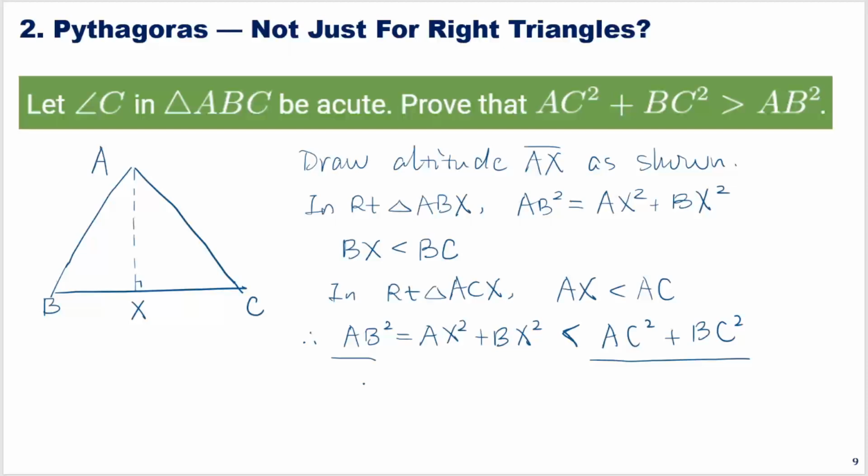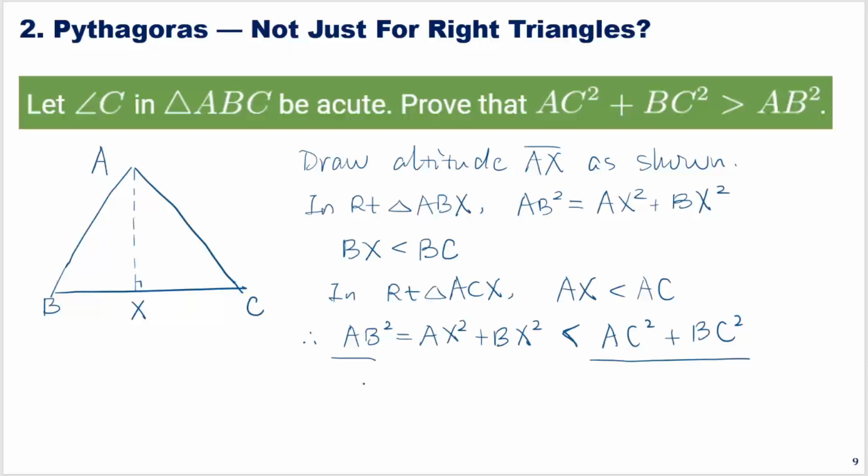Okay, so you might be wondering why we used the fact that angle C is acute. If you look closely, you probably wonder why X must be on the segment BC, right? If angles B and C are both acute, then altitude AX must meet BC. Our proof here therefore doesn't address the case where angle B is obtuse, right?